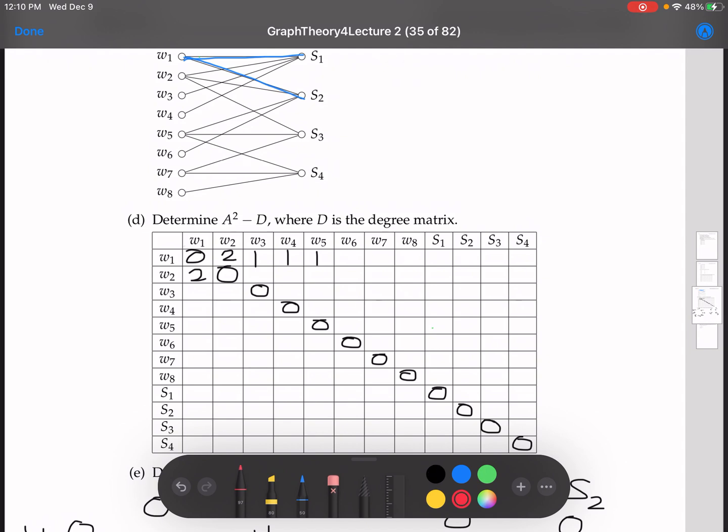Let's draw on the edges for W6. Okay, just one there. W1 to W7. There's none there.